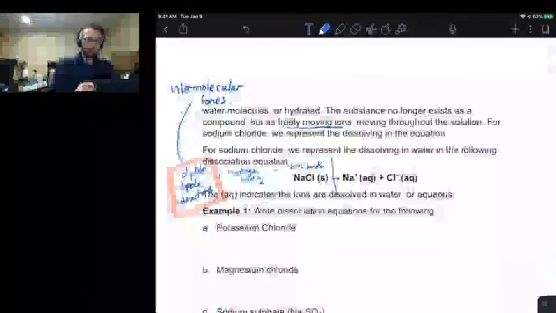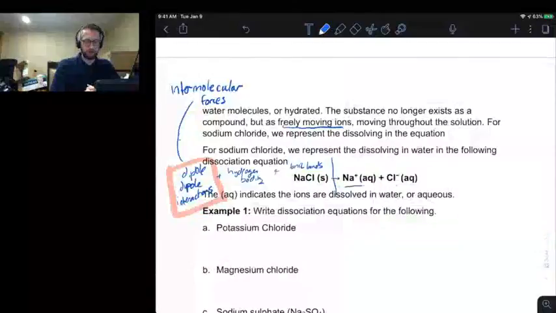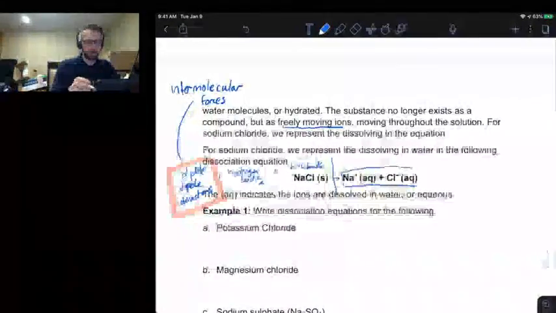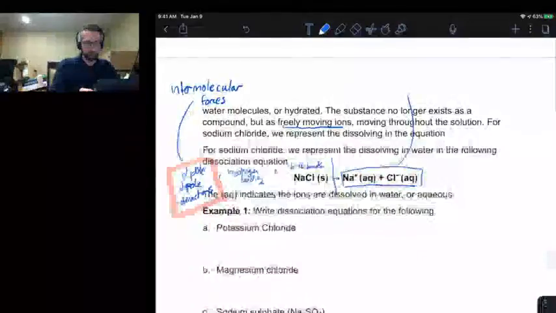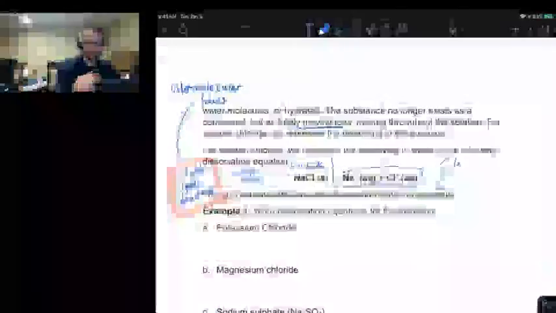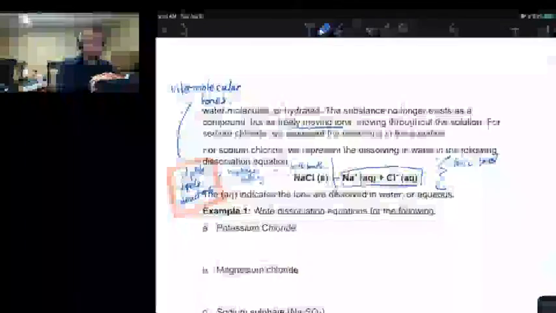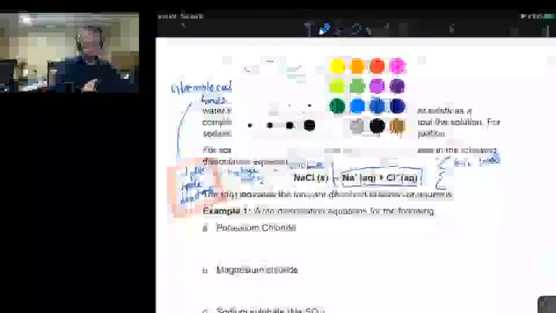Now, when we form the sodium and chlorine as aqueous molecules, we change our forces. So we no longer have ionic bonds. I'm going to try to represent that. These ionic bonds have been lost. So those are gone.